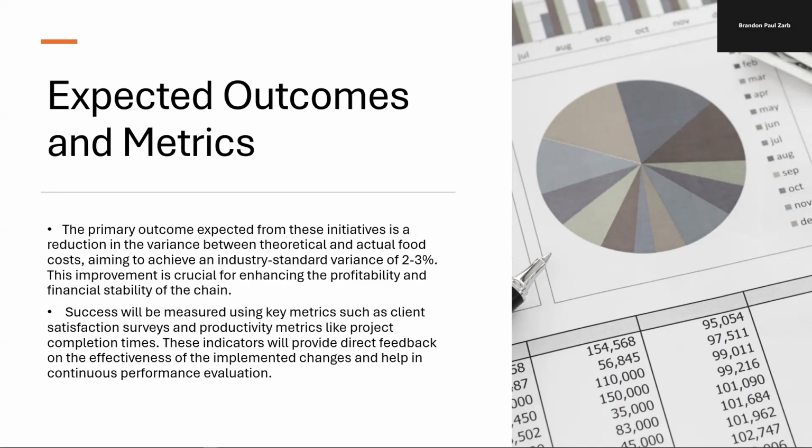And productivity, those are good indicators, but we have an extremely solid and reliable indicator, which is the variance percentage. And we'll be able to tell within 2 weeks, I would say, if we're making strides in the right direction.